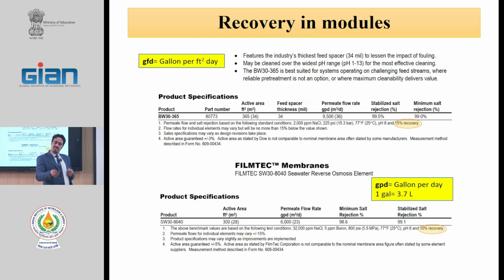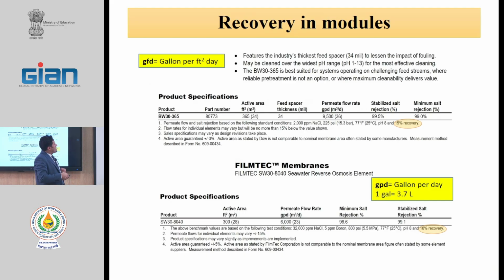And for increasing the recovery, we must use series modules in a pressure vessel. Therefore, in industrial pressure vessels, we usually use 4, 5, or 6 modules in series, so that the concentrate of one module goes to the second, then the third, and the permeate goes in parallel.